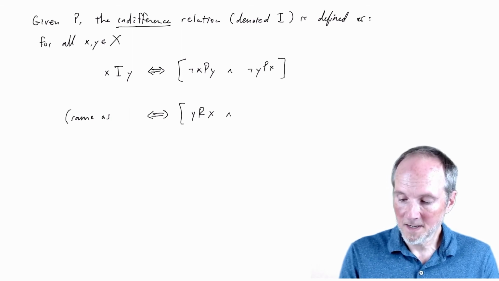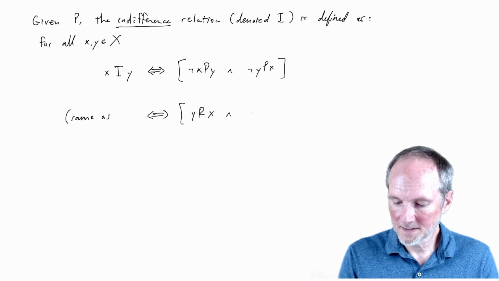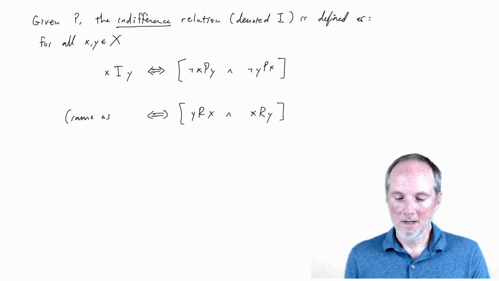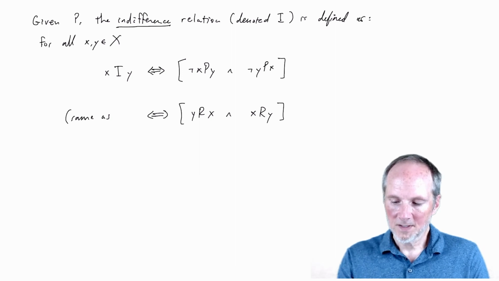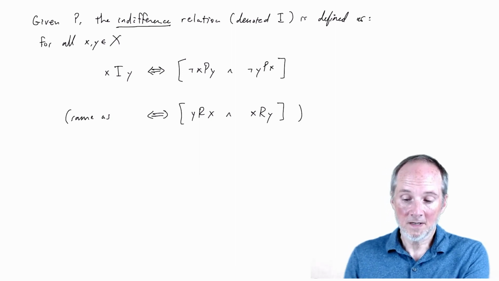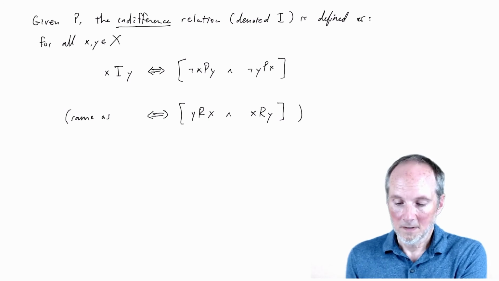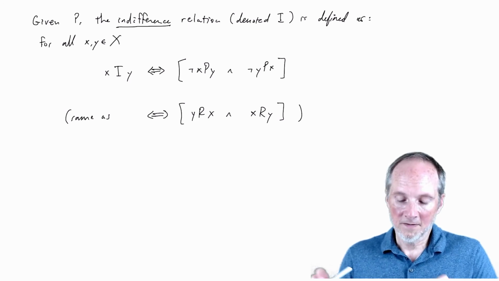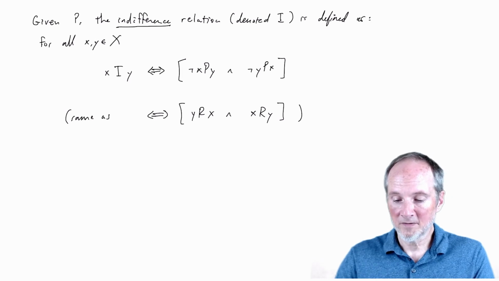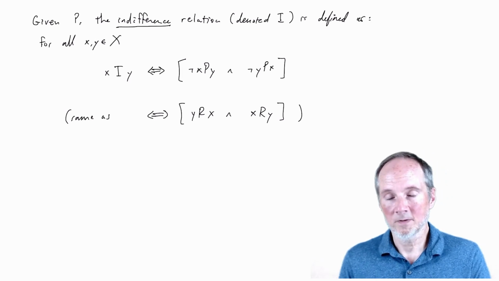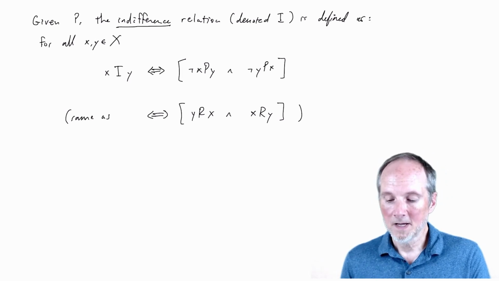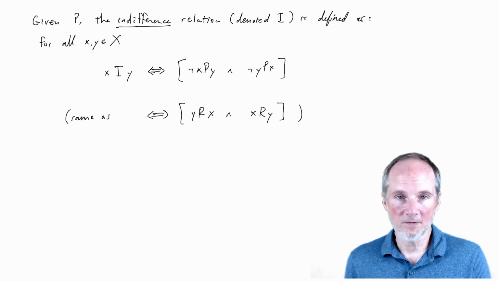Instead of writing, it's not the case that y is strictly preferred to x, that's the same as saying x is at least as good as y. That's just substituting in our definition of weak preference. So this indifference relation is very intuitive. It means there's no strict preference going in either direction. An equivalent way of thinking about it is that there's a weak preference going in both directions.